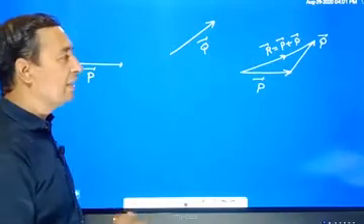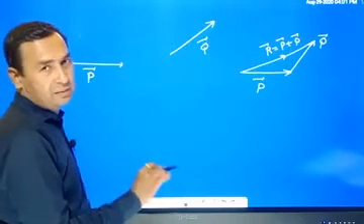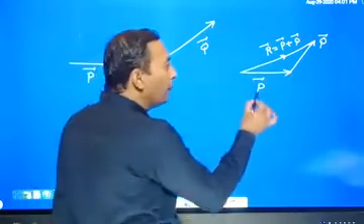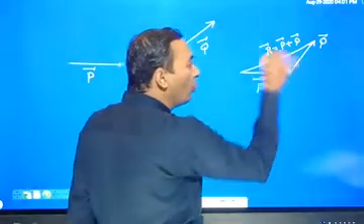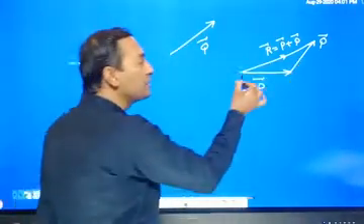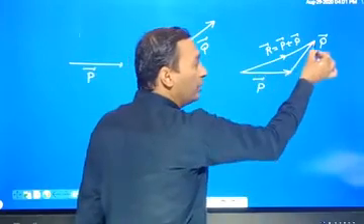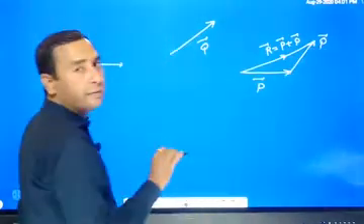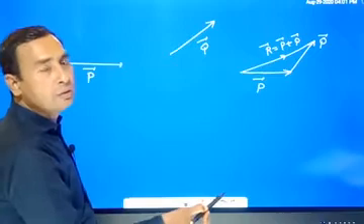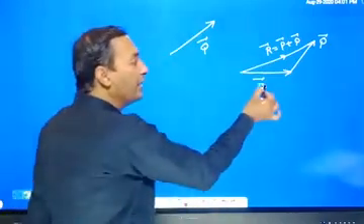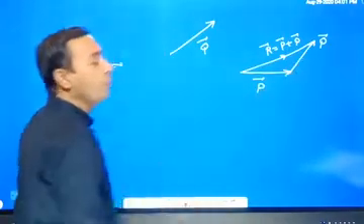In words we can write, if two vectors are represented by two sides of a triangle in same order, then third side in opposite order shows the resultant of given two vectors.